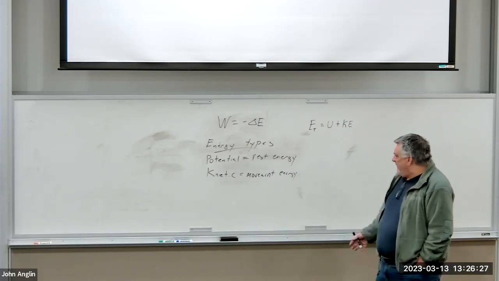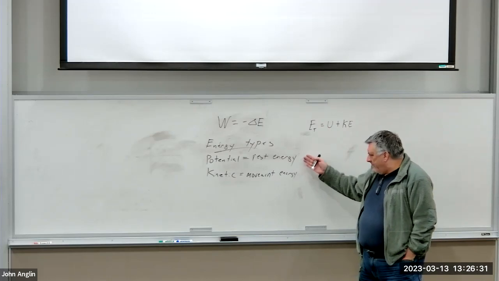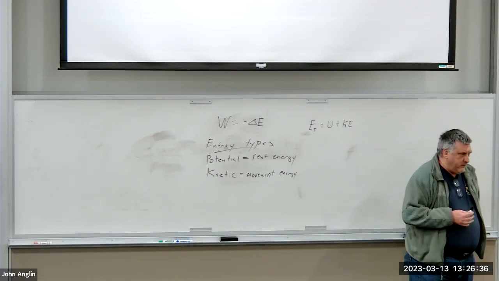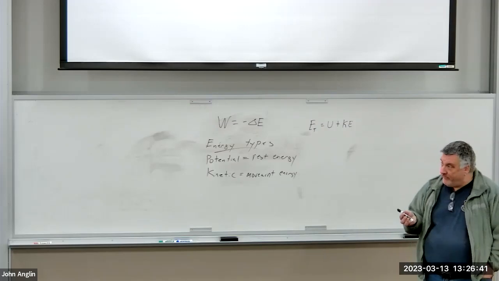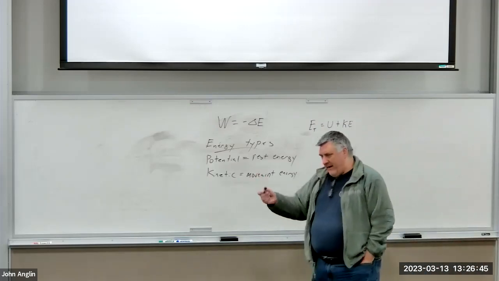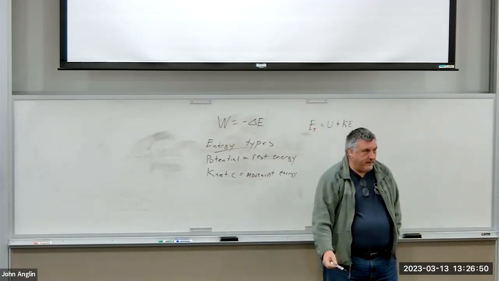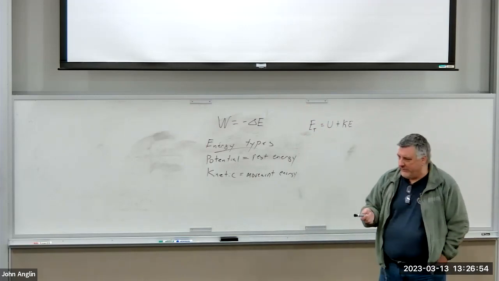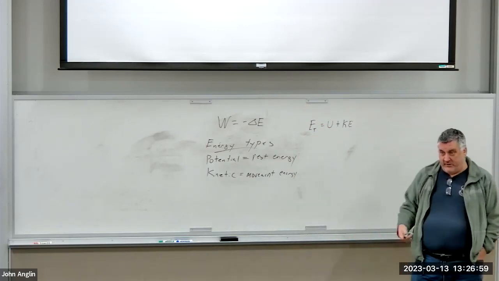So we need to think about what gives something potential energy, what gives an object the energy required to move. Let's start with a very simple case: I have this pen and I'm going to drop it. As it falls, we know from our study of forces that it's going to accelerate because it's under the influence of a gravitational field.